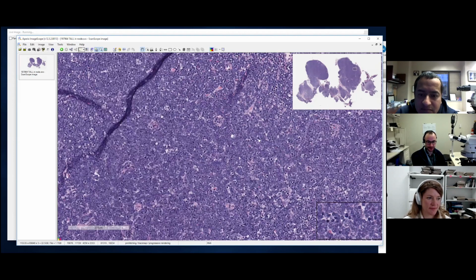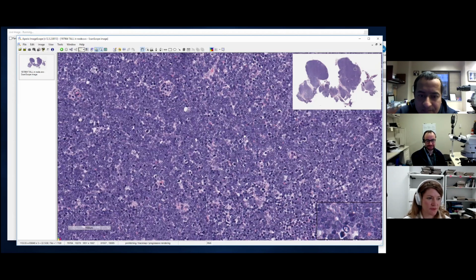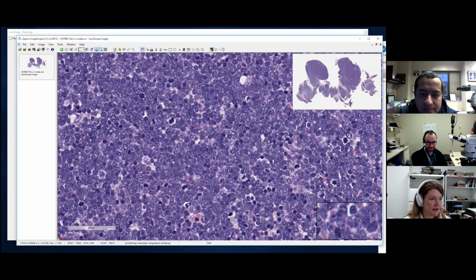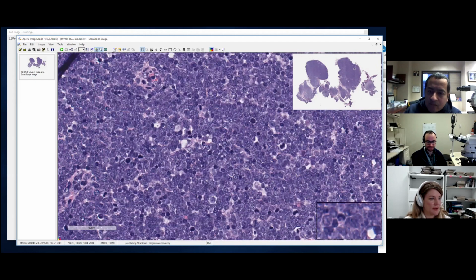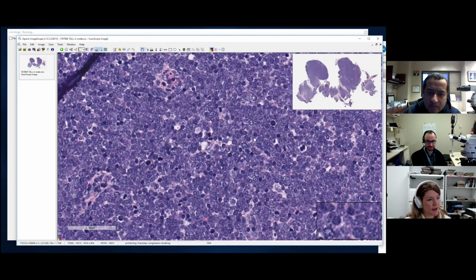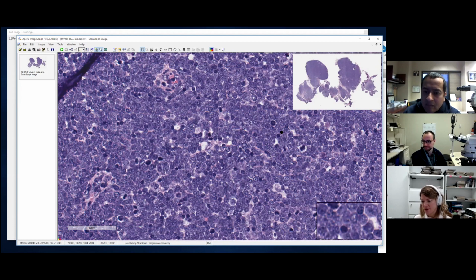Maybe this is a small round blue cell tumor. We go closer to these cells and they're very monotonous. We don't see a lot of residual architecture left anywhere. They don't have any cytoplasm and they're immature looking. It's hard to tell from just an H&E section sometimes whether this is a blastic cell, especially if it's not a good fixation, where some blastic cells are not very big.